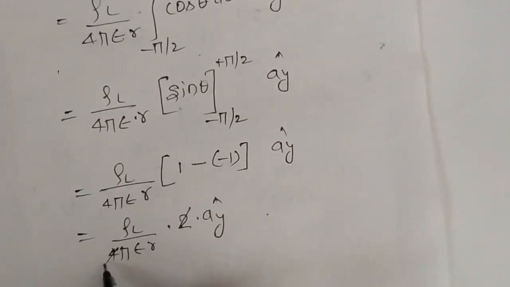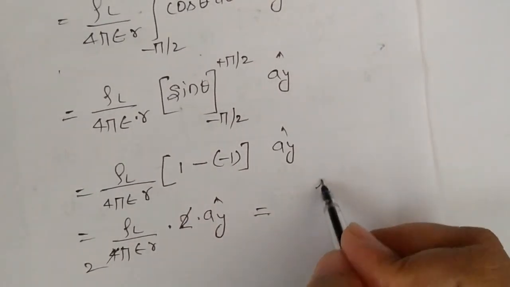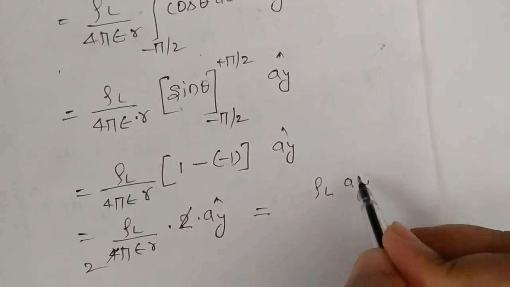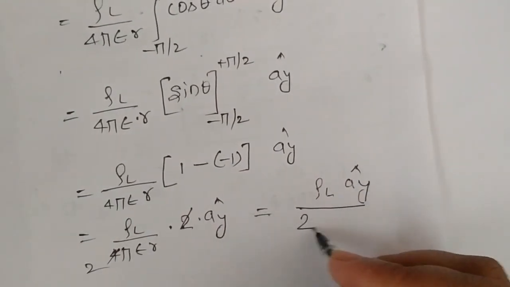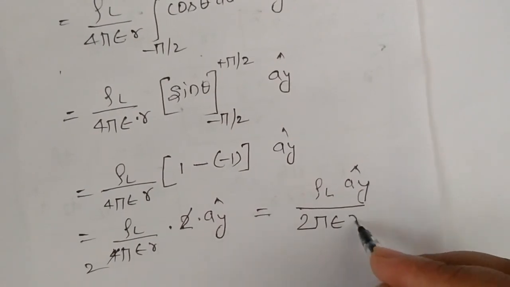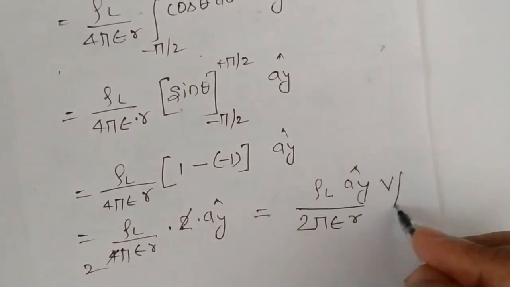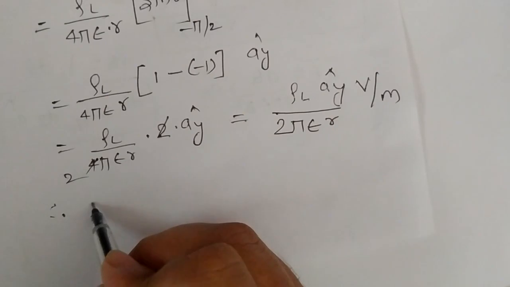So 2 ones are 2, so it is equal to rho L into a cap divided by 2 pi epsilon r, volt per meter.